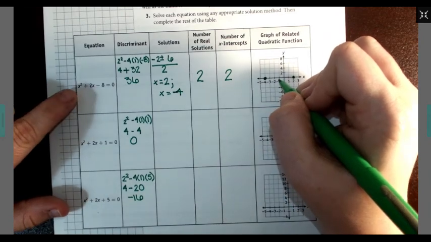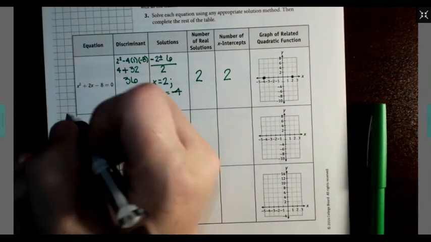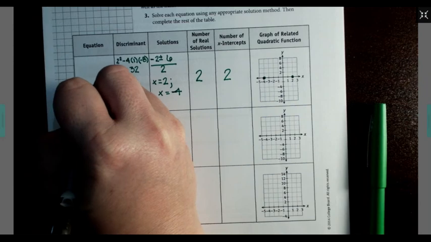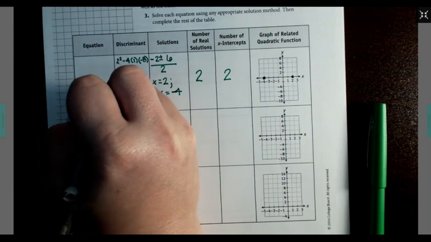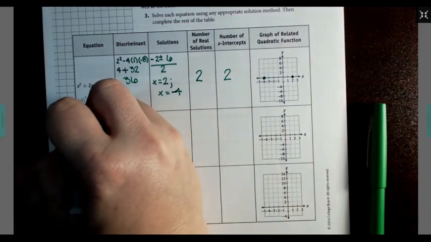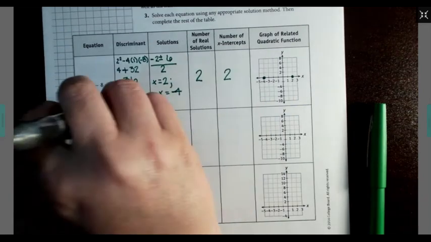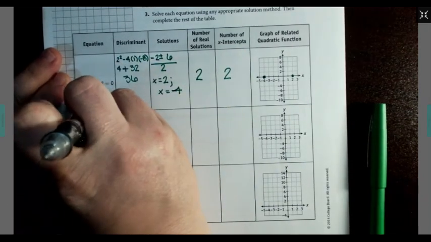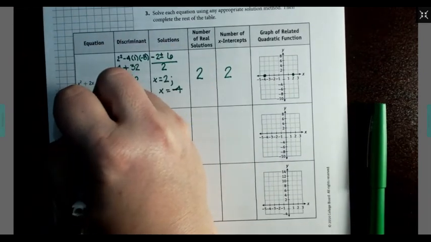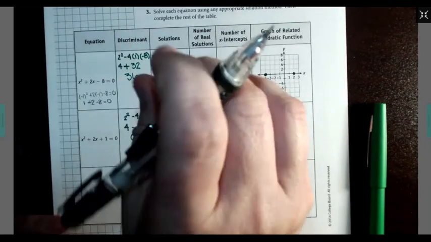If I plug negative 1 into this equation, we would have negative 1 squared plus 2 times negative 1 minus 8, which is 1 minus 2 minus 8, not 0.